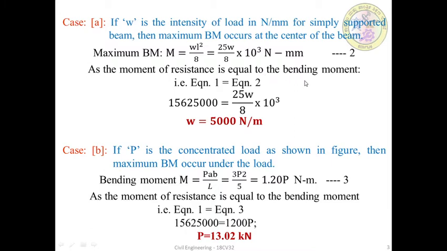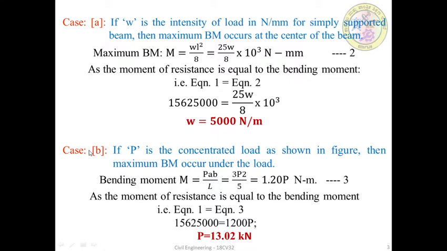For the equilibrium condition, the resisting moment of the beam section should be greater than or equal to the applied moment. After substituting the values and equating equations 1 and 2, we get the maximum UDL as 5000 Newton per millimeter. Sorry, something is wrong, it is not per meter; it is 5000 Newton per millimeter.